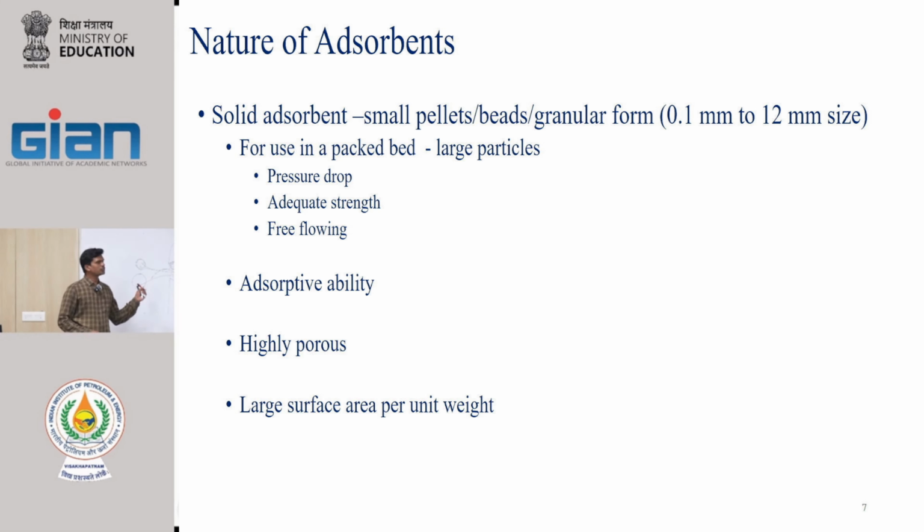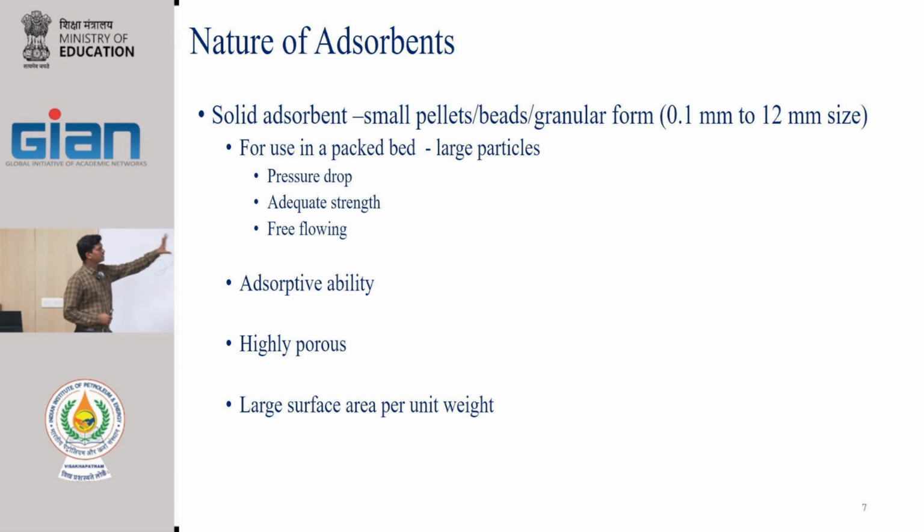Okay. So usually how we use these adsorbents is in the form of small pellets, or in terms of beads, or in granular forms. We split these solid adsorbents into these forms and put them into a packed bed or anywhere in an adsorption setup, and then we use it.